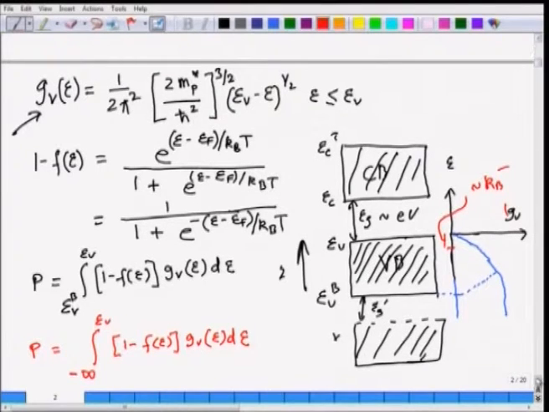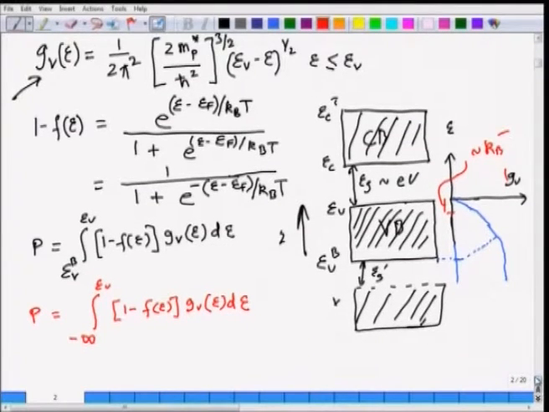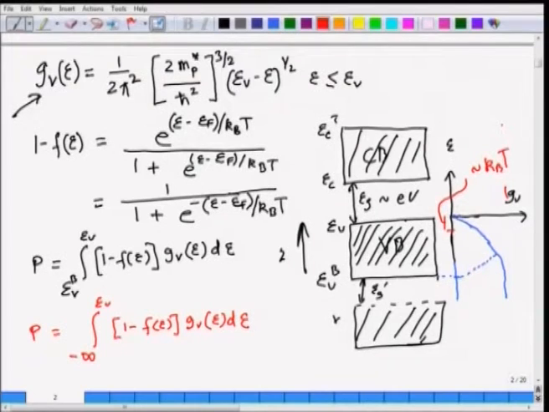Only in this energy range will we see that this product lies, even though G_V is given by this curve right here. This equation is what I plotted as the solid blue line, and I am going to use it in this integration.